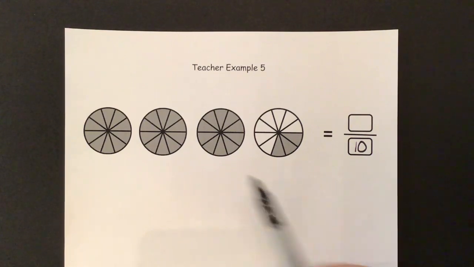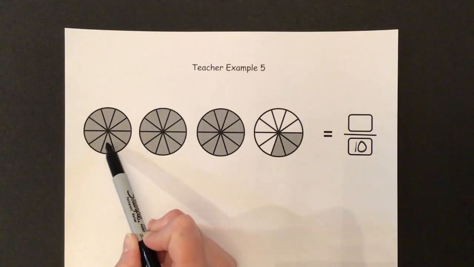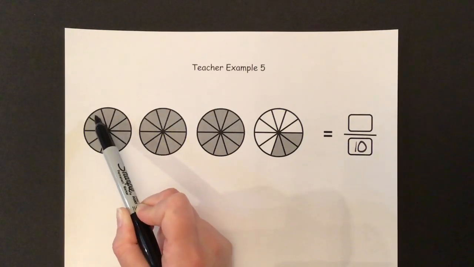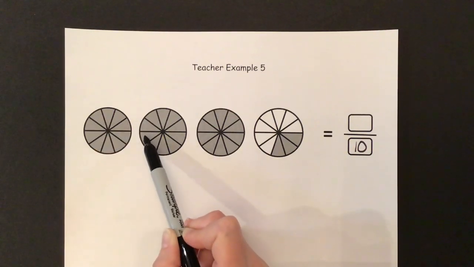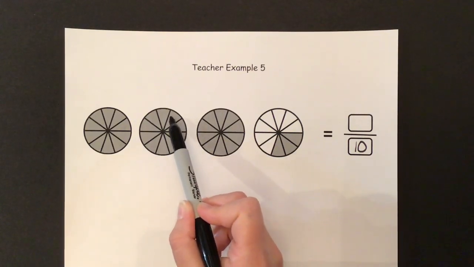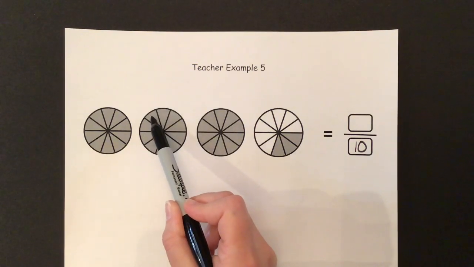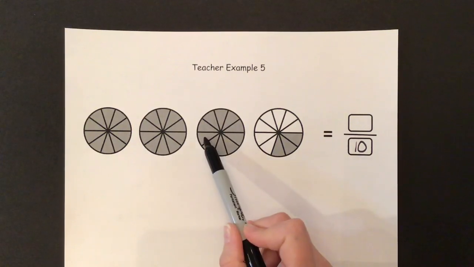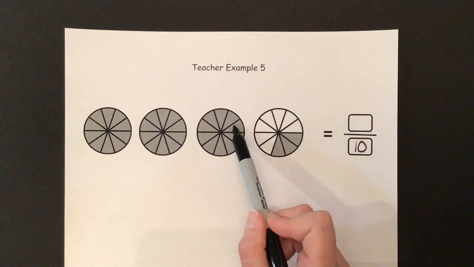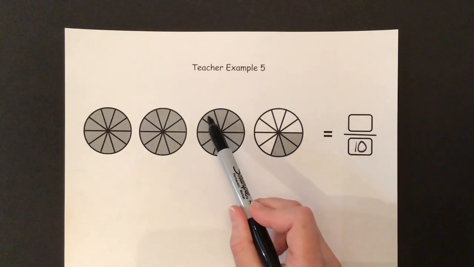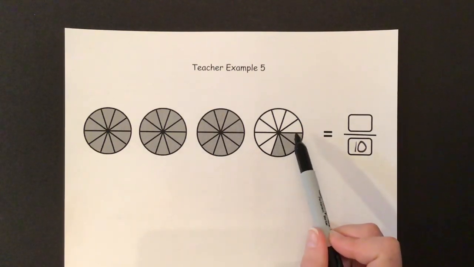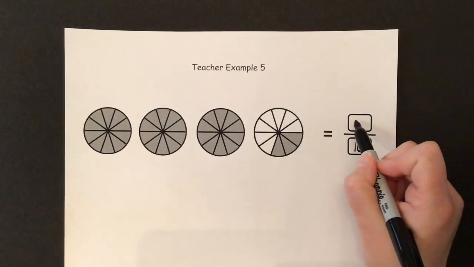So go ahead and count out loud with me. 1/10, 2/10, 3/10, and so on up through 10/10, 11/10 up through 20/10, 21/10 up through 30/10, 31/10, 32/10, 33/10. There are 33 pieces.